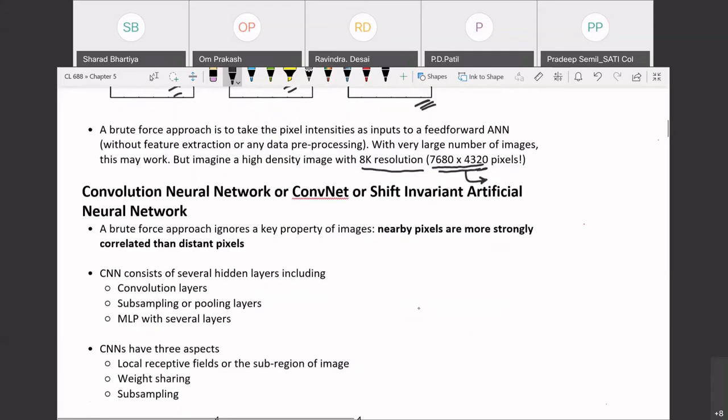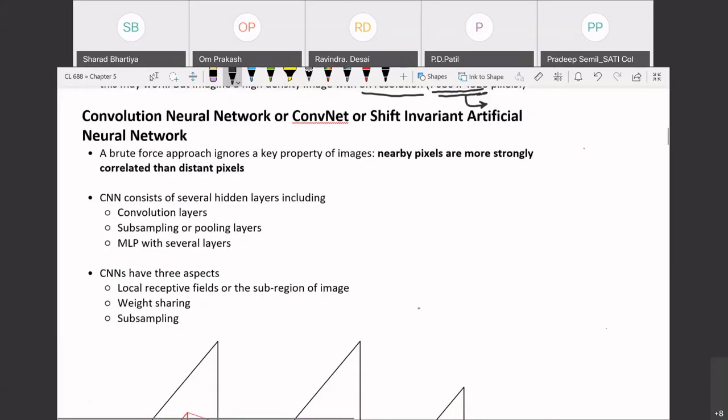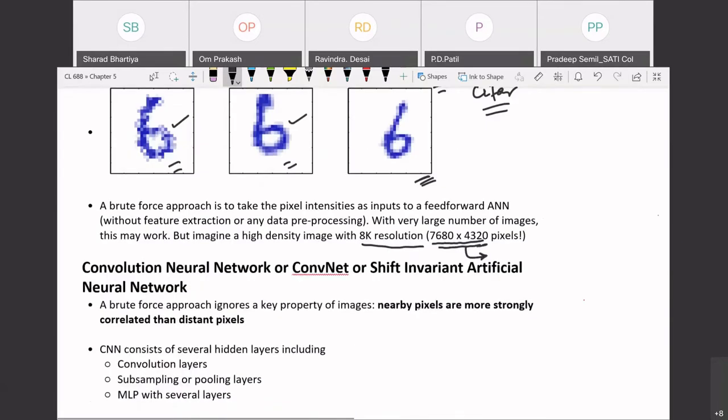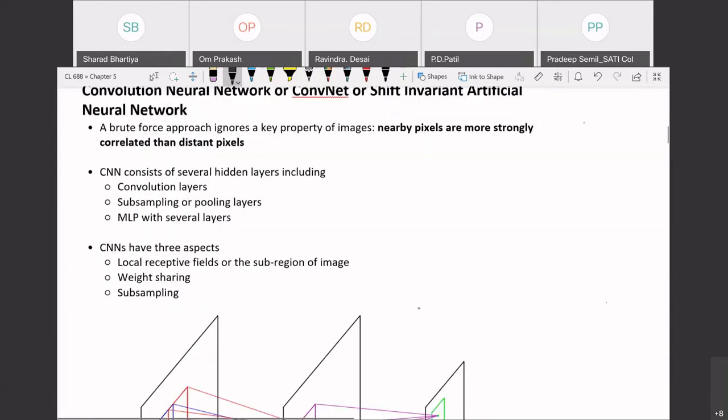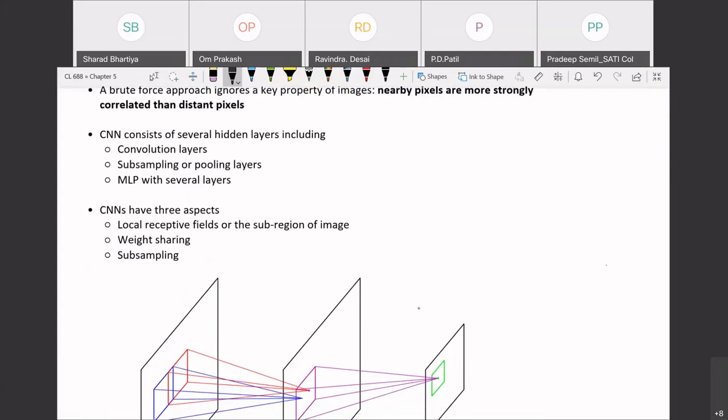This is the brute force approach, that you just vectorize it and put one feed-forward or backpropagation neural network. What CNNs do is they introduce some more layers: one is known as the convolution layer, then a pooling layer, and finally the backpropagation neural network, or the MLP, which we have already seen.